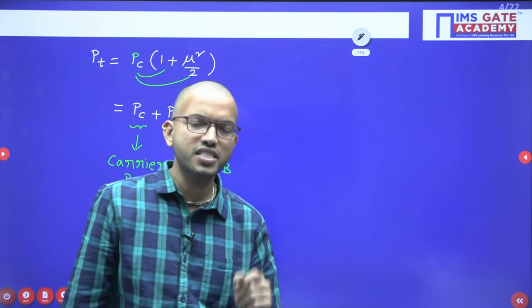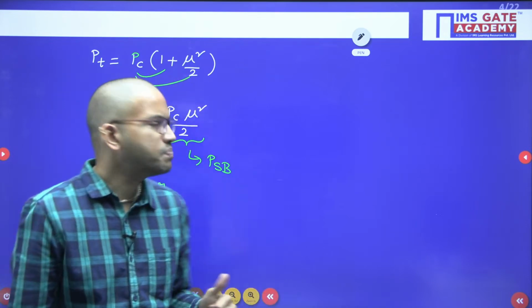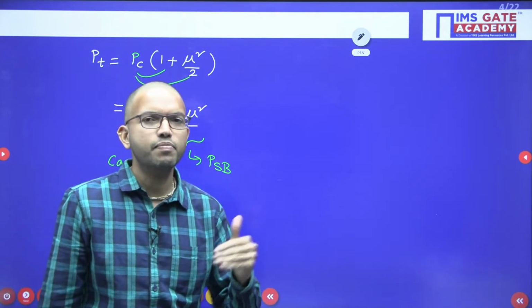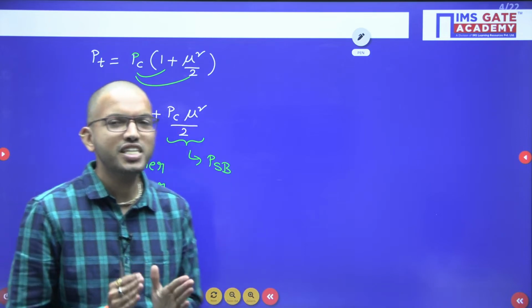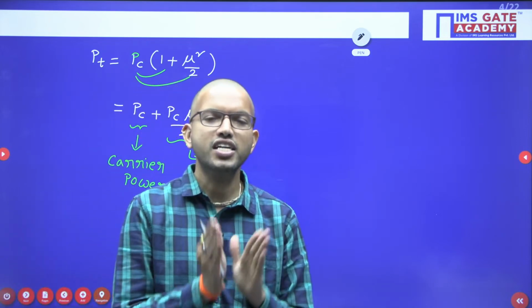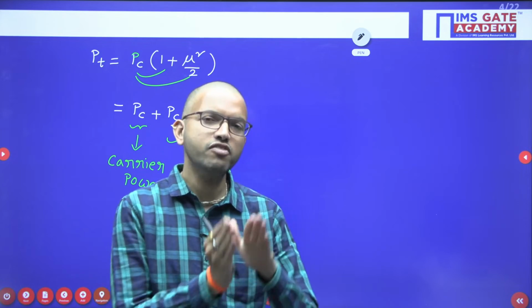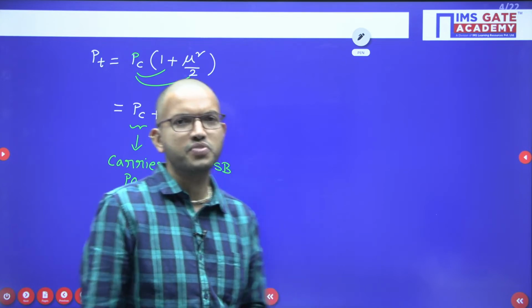Whereas in SSBSC signal, the message signal power is nothing but half of the total sideband power, because there we are transmitting only one sideband. We are suppressing the carrier component and also one of the sidebands, right?